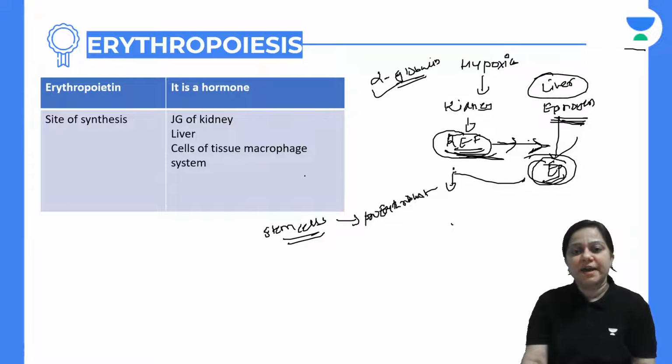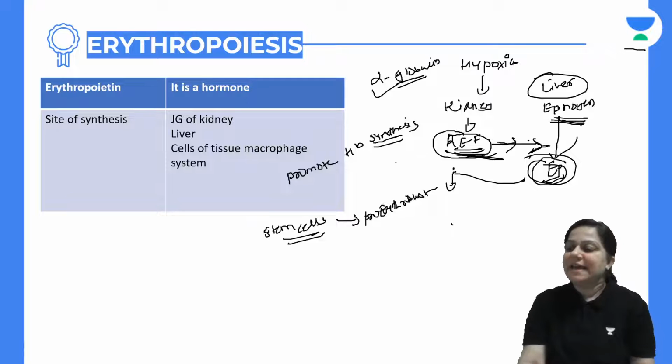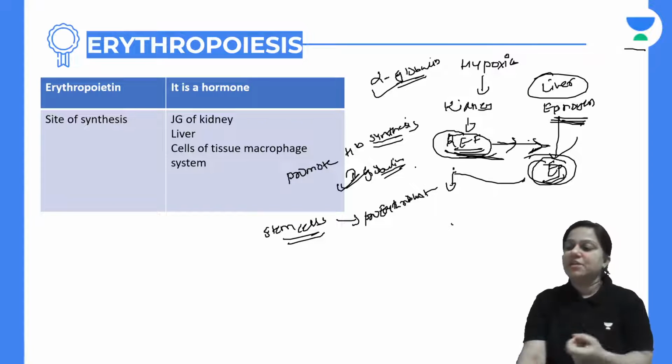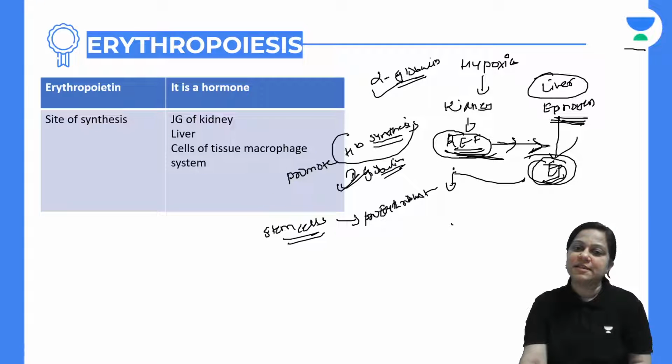Another action is that it will promote hemoglobin synthesis, by increasing the globin synthesis and by potentiating the action of the enzyme delta aminolevulinic acid synthetase. So overall, it promotes hemoglobin synthesis.